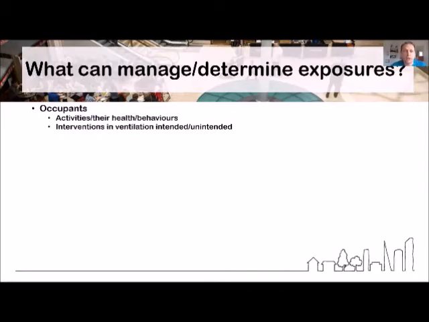I mean, they're what we're interested in being exposed, but it's really often determined by their activities, their current state of health might affect how comfortable they feel in warm temperatures, and change their behaviours towards ventilation systems and opening and closing of windows, and these sort of interventions have consequences, some of which are intended by the occupants.